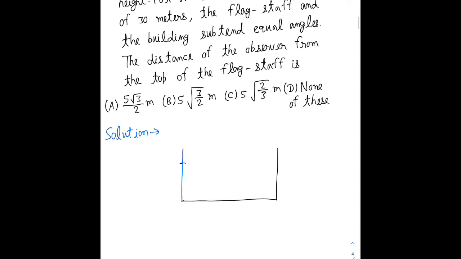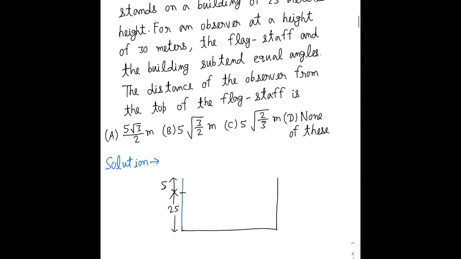So suppose the building is 25 meter like this, and then on the top of it you have the flagstaff which has height 5. So 25 plus 5, the total height would be 30, and here the observer is sitting at a height of 30 meter.